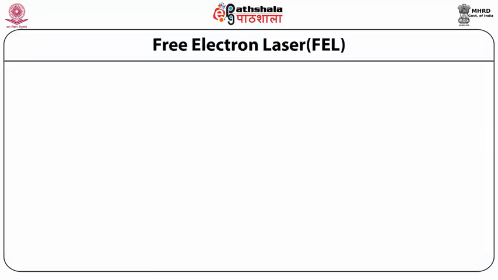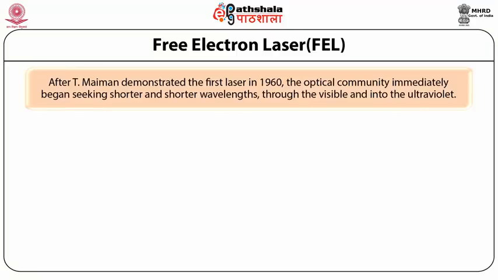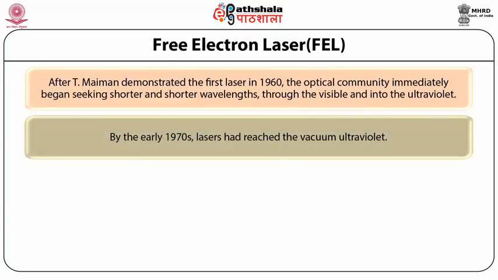Coming to the X-ray lasers, after T. Maiman demonstrated the first laser in 1960, the optical community immediately began seeking shorter and shorter wavelengths through the visible and into the ultraviolet. By the early 1970s, lasers had reached the vacuum ultraviolet.